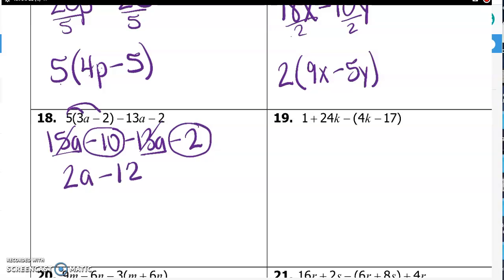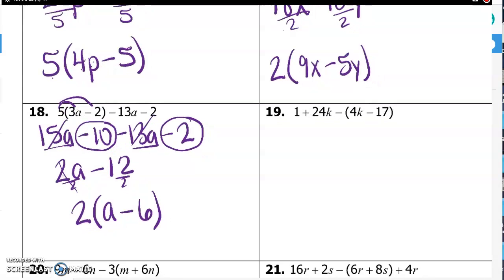So 2a minus 12. 2 goes into 12, so 2 is what I write. So the 2's match, so all I need is an a. Minus 2 times 6 gives me 12. That's how I figure out what goes inside. Or again, divide by 2. Those cancel out, and that's how I get my a. 12 divided by 2 is 6.